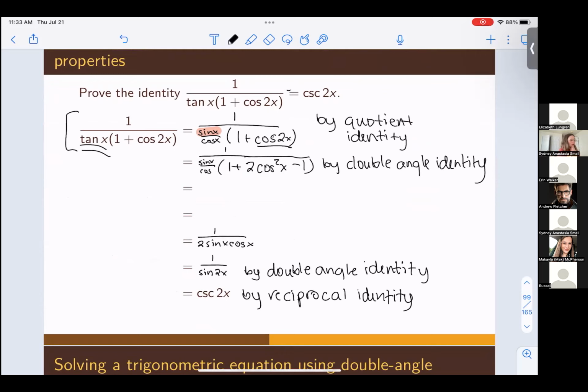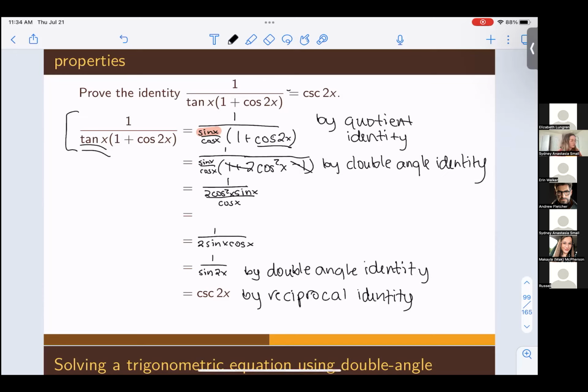Beautiful. Notice that this one and this one cancel each other out when we evaluate them. So we're just left with 1 over, and I'm going to multiply this sine x out. So I have 1 over 2 times cosine squared x sine x over cosine x.